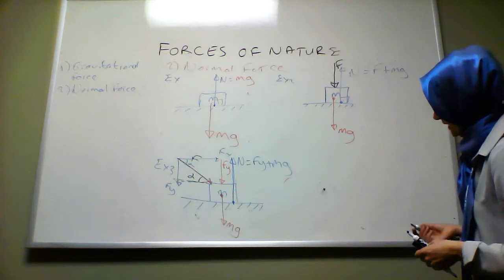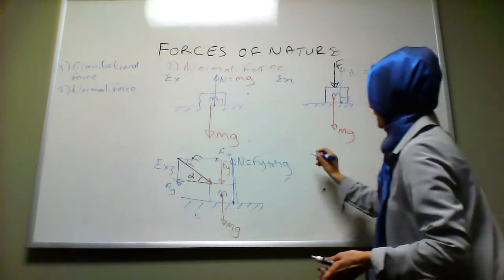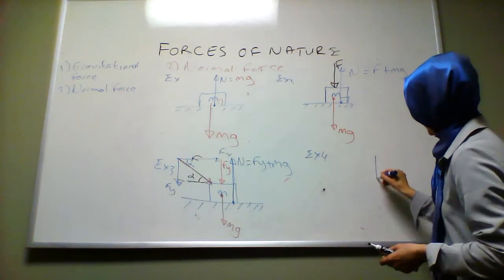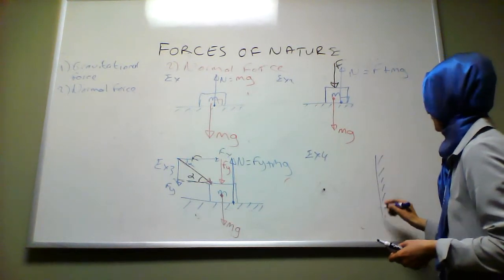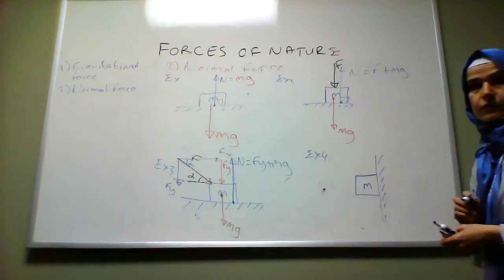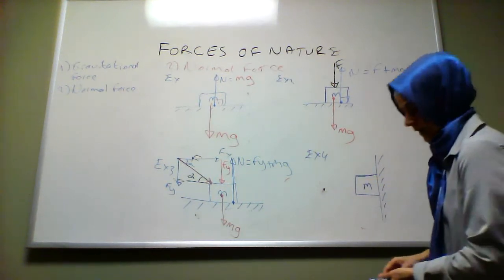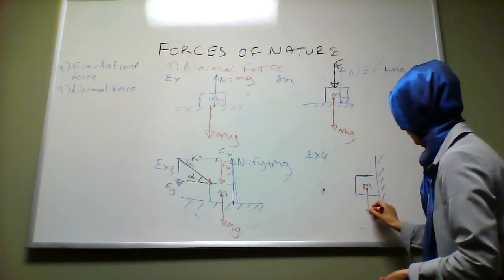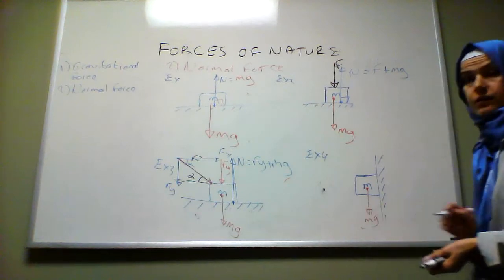Another nice force. So let's say example 4 in here. There's a wall, let's say. There's a mass. If I leave this mass here without any force, it will be falling down. No surface can have large enough friction to keep it there. So I will have mg always in the downward direction.